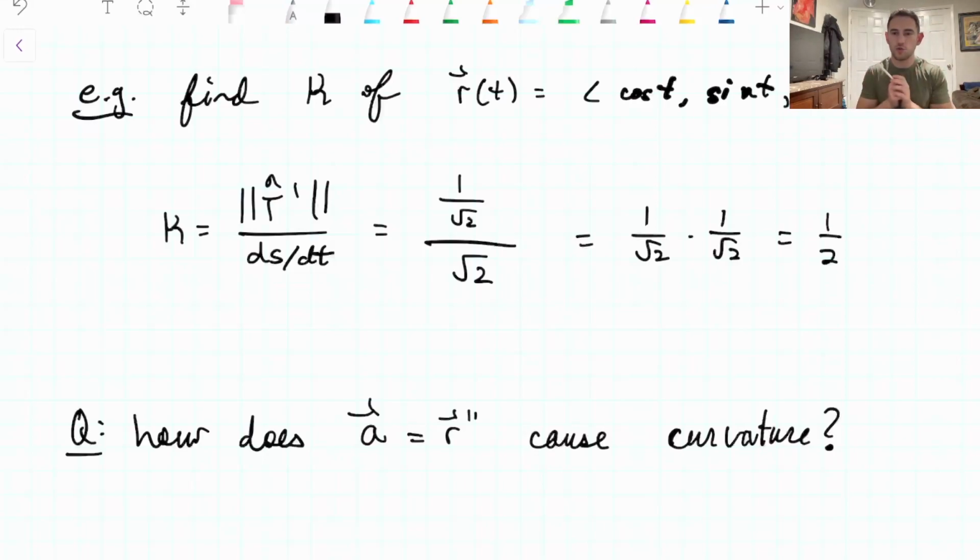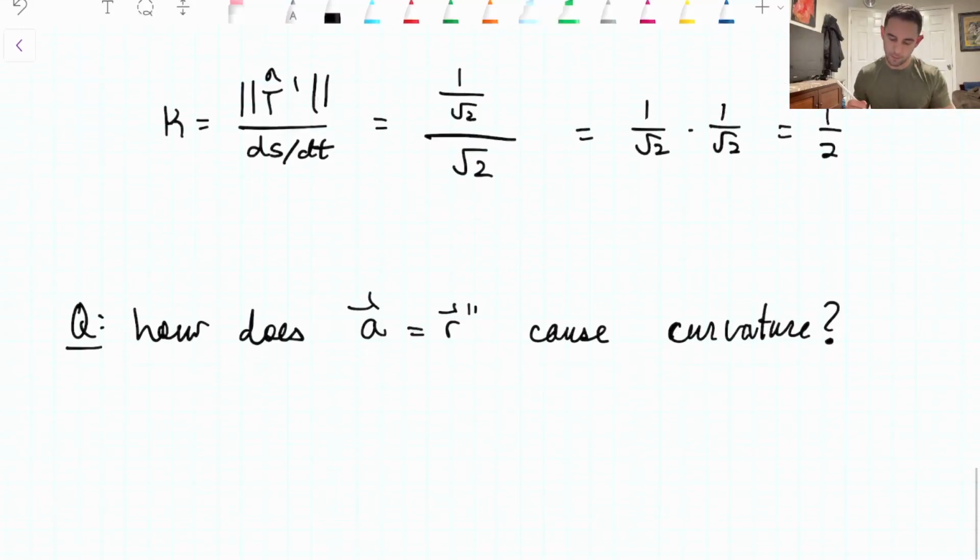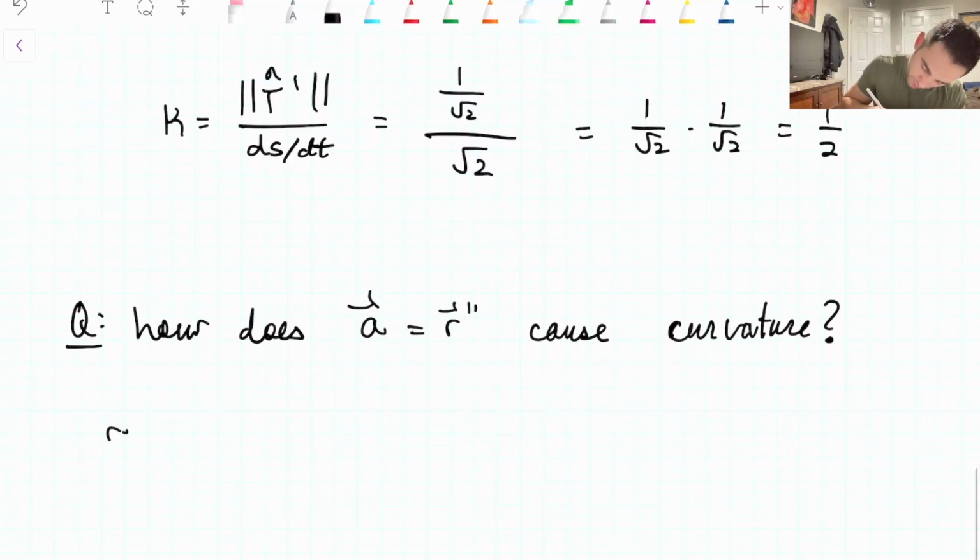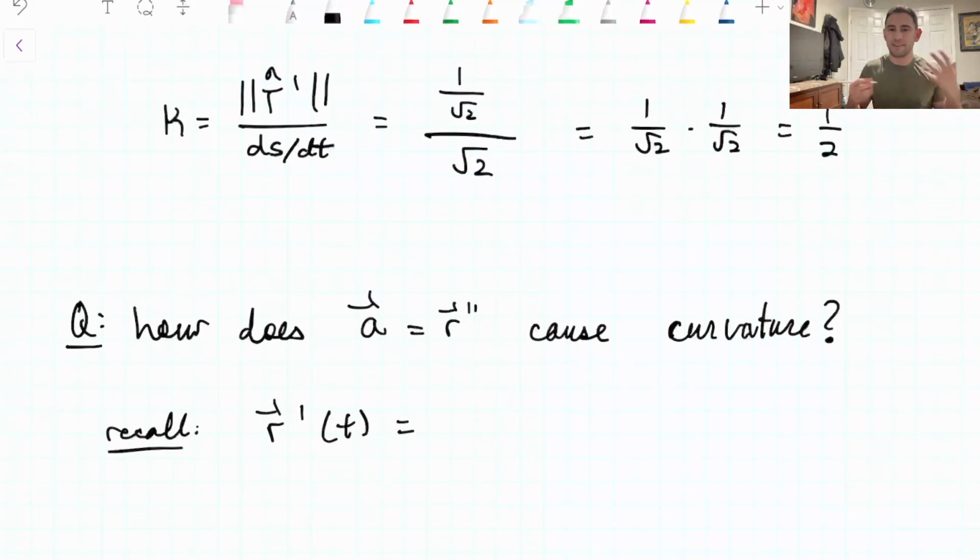And I want to break down how there's something fundamentally different than the second derivative in single variable calculus, which is that my first derivative, the velocity vector, is built out of two things. It's a vector, meaning it has both magnitude and direction. So recall, my velocity vector, r prime of t, is a vector that has both magnitude and direction. The magnitude is ds dt. The direction is t hat.